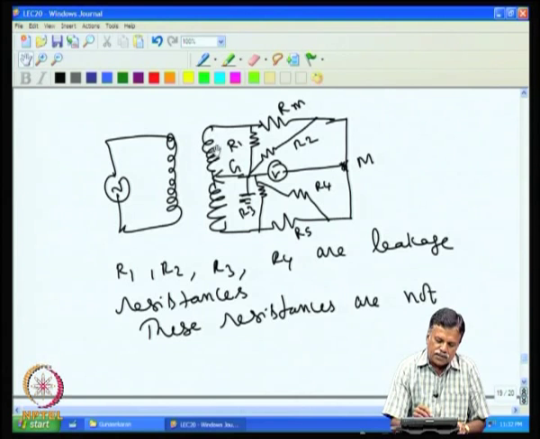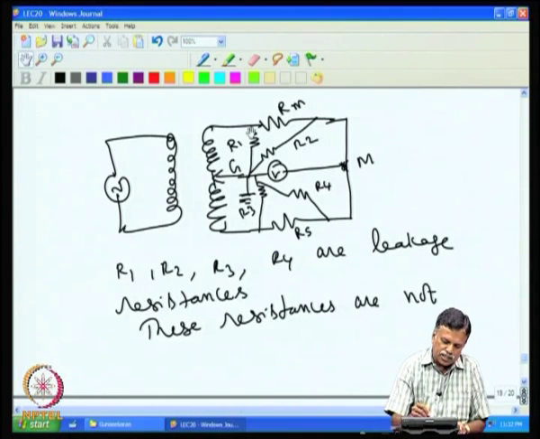Since the equivalent voltage source impedance of the transformer is very low, the current actually flowing through this creates no effect on the voltage at this point, because the impedance is very low. Whatever current is flowing is delivered by the winding, and that has no effect on the voltage at this point and at this point.